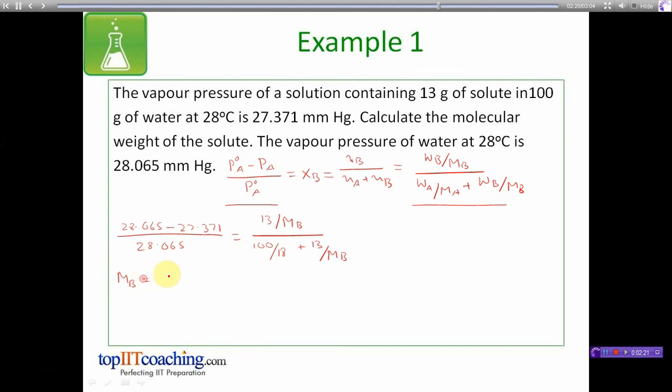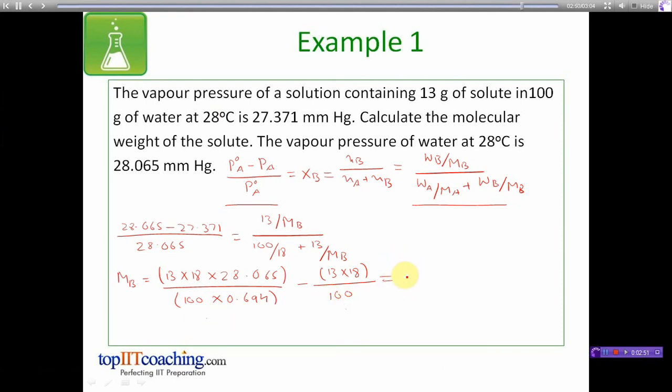On rearranging the equation, we can write that MB is equal to 13 into 18 into 28.065 upon 100 into 0.694 minus 13 into 18 whole upon 100.